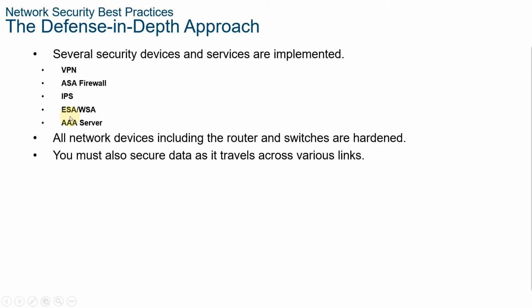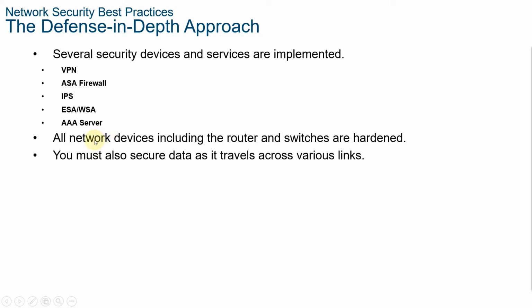Next is ESA or WSA. The email security appliance, ESA, filters spam and suspicious emails. The web security appliance, or WSA, filters known and suspicious internet malware sites. Next is the AAA server. This server contains a secure database of who is authorized to access and manage network devices. Network devices authenticate administrative users using their databases.